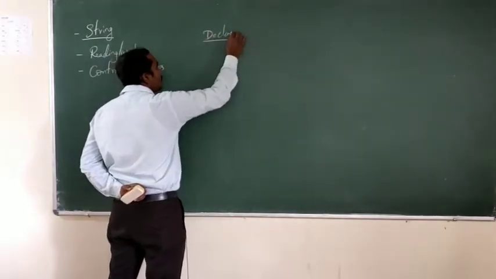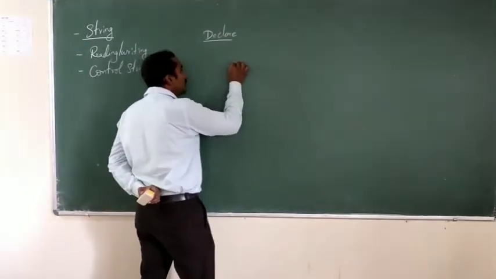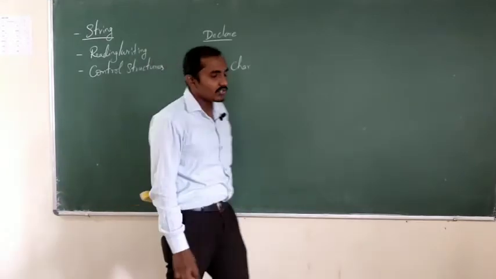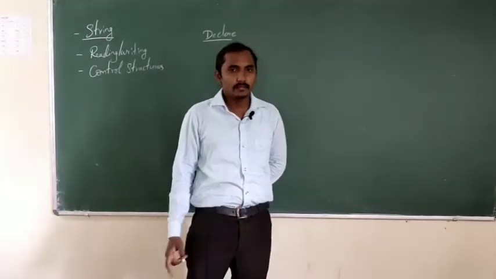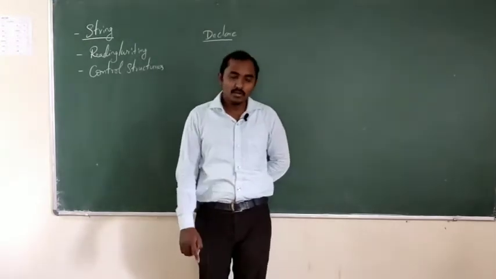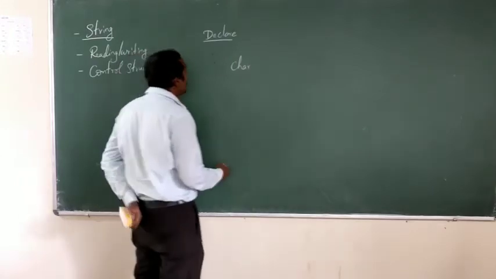For declaration of the string, first we need to specify the data type. The data type for creating a string will be a character array. As you have seen in your C programming, the same thing will be done in C++ also.